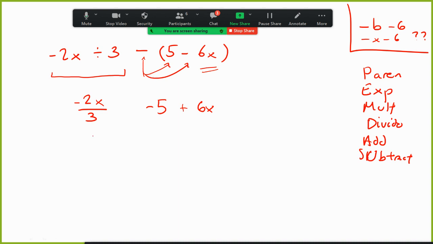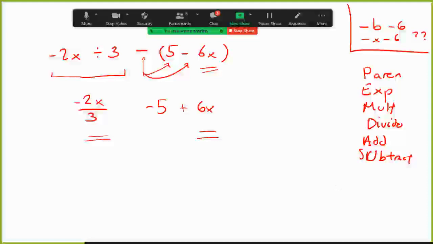Okay, now we've got negative 2/3 x and 6x. Those are our like terms this time. The problem, though, Philman, is one's a fraction and one's not. I talked about this with some other students this morning. We need to make our 6x have a denominator of 3.